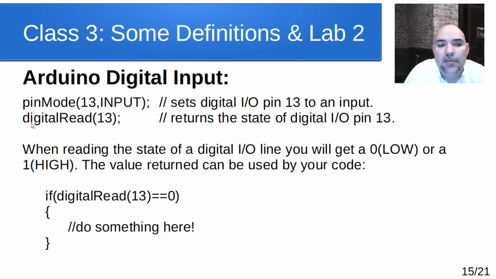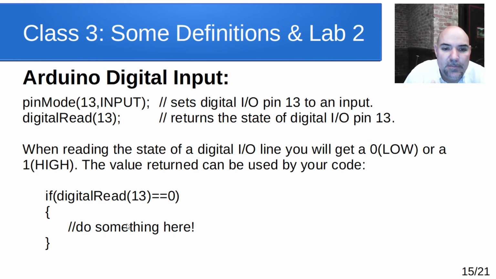And then to read it, you use this digitalRead function. digitalRead pin 13. And that's going to return to us either a 0 if it's low or a 1 if it's high. So when reading the state of that digital I/O, you'll either get a 0, and there's a thing already defined that's LOW if you'd rather write LOW. So you could say if digitalRead 13 equal LOW, all caps, then we could do something here.